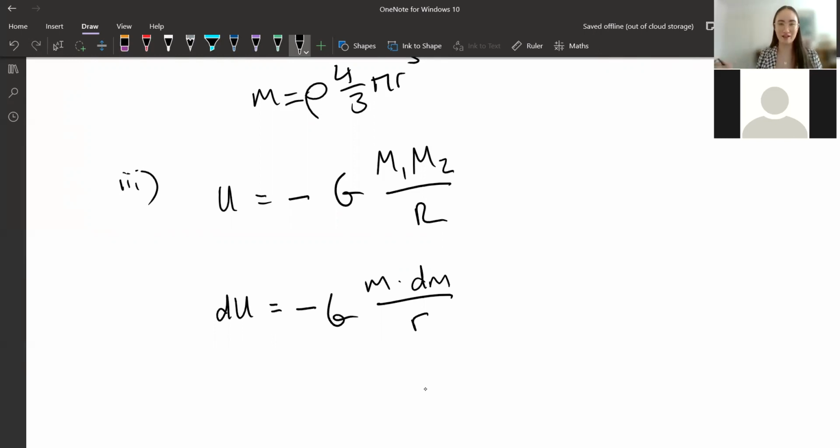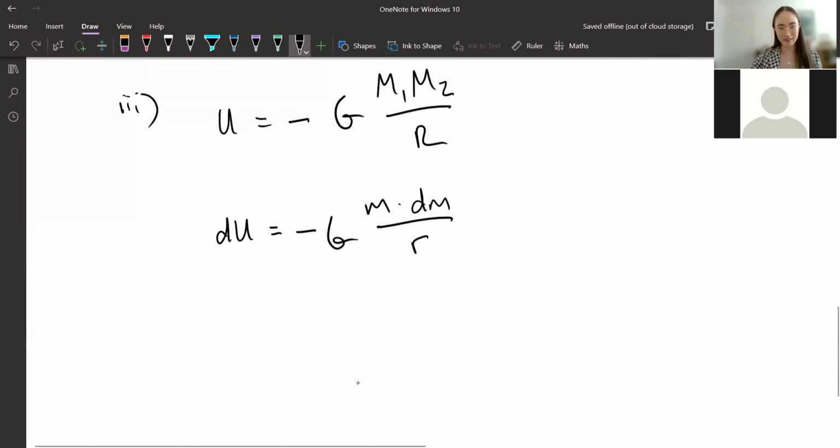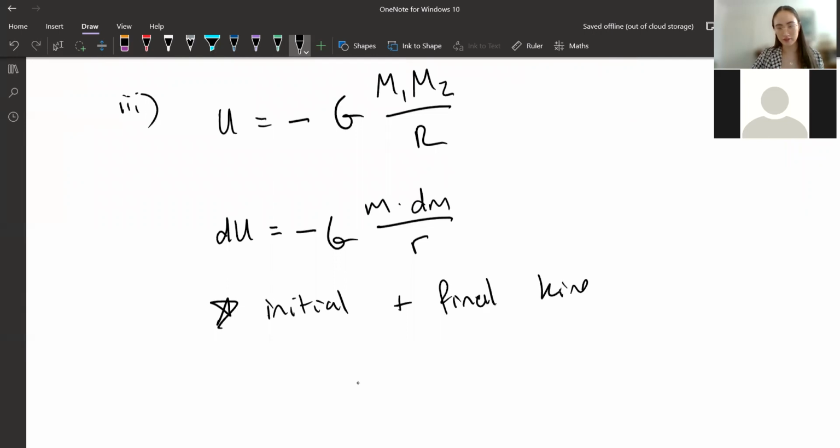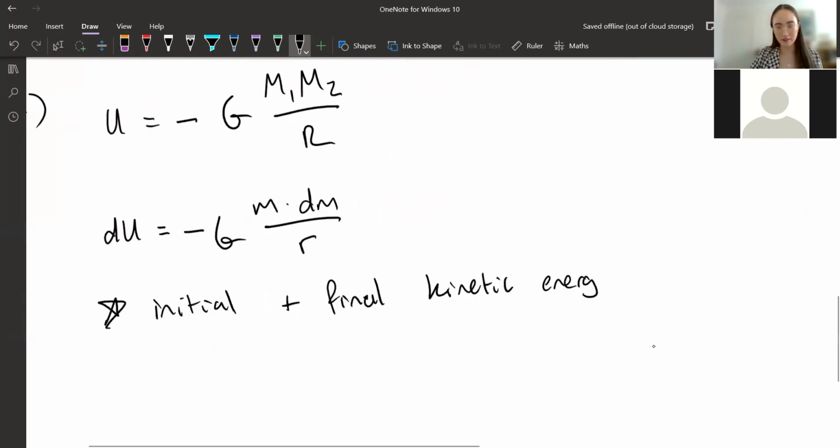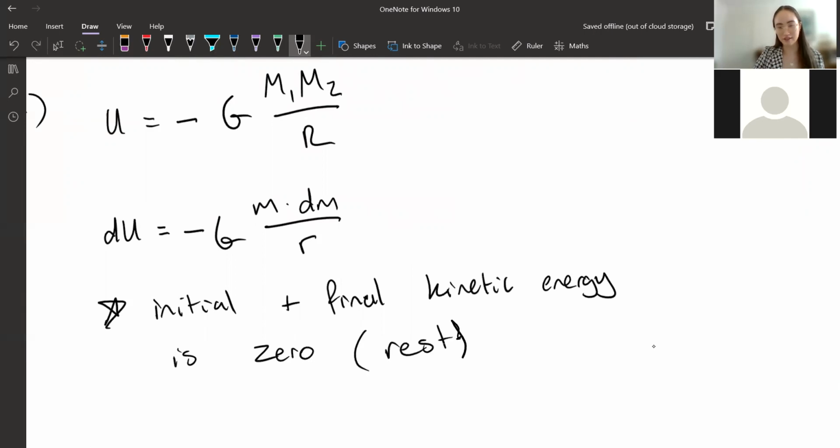So the change in the mechanical energy must be equal to this potential energy that I've just written, which is a lot of words, but it basically means that initial and final kinetic energy is 0 because the systems are at rest.